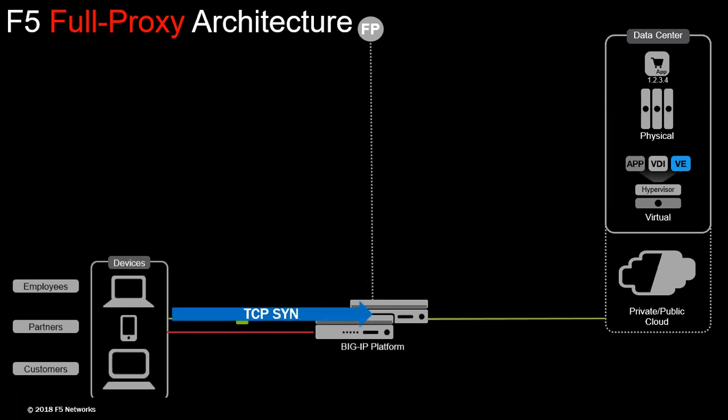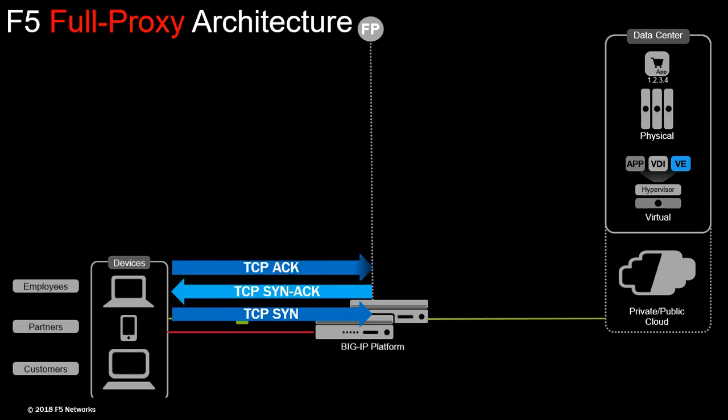So, for instance, when a user on the internet tries to access a web service, the first point of contact to the web service is F5, and it creates what we call a client side connection, which happens on F5. That one completes a three-way handshake with F5 first before F5 now redirects that traffic to where it's going.